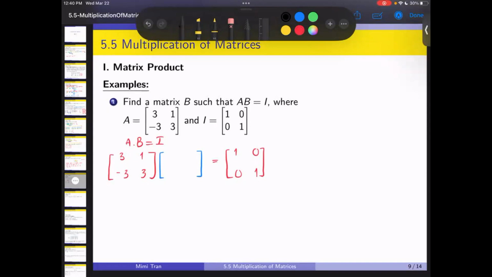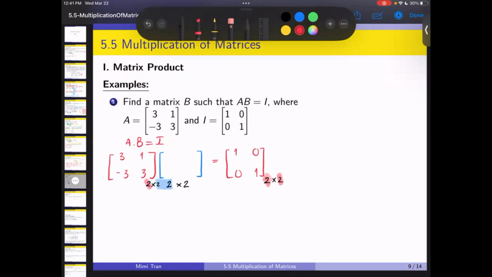Now matrix A is 2 by 2. You know that. The final matrix is 2 by 2. What is the dimension of B? Yeah, 2 by 2, right? First of all, the inner dimensions have to match, and you have to end up with 2 by 2, so the 2 right there should be 2 here as well.